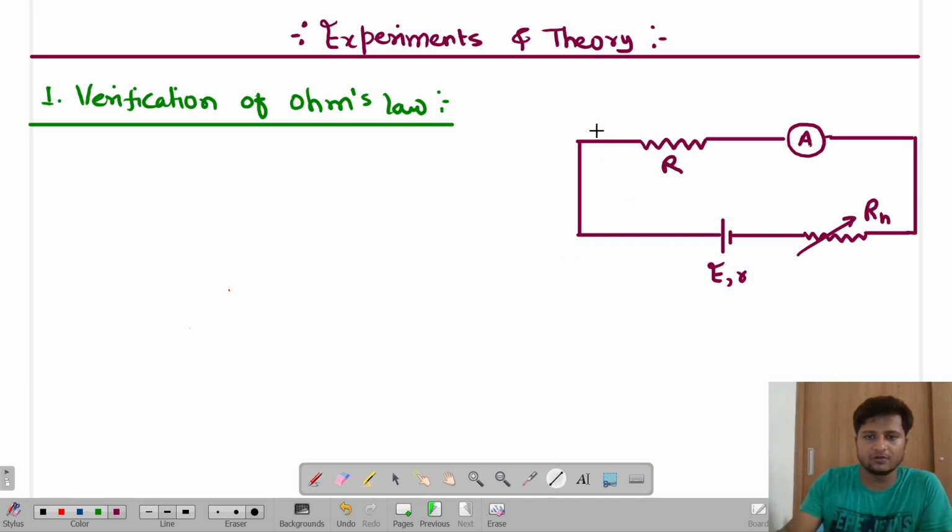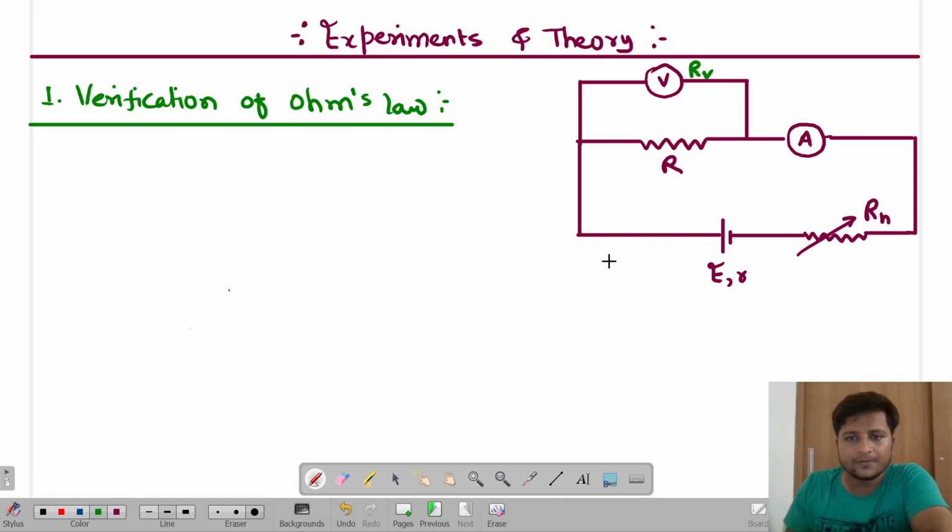So to measure the voltage across this, what do I need to do? I need to connect a voltmeter, parallel to the resistance. So let's suppose I connected some voltmeter, and this voltmeter also has some resistance, which I denote as RV.